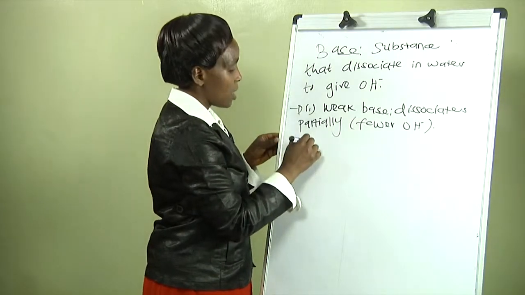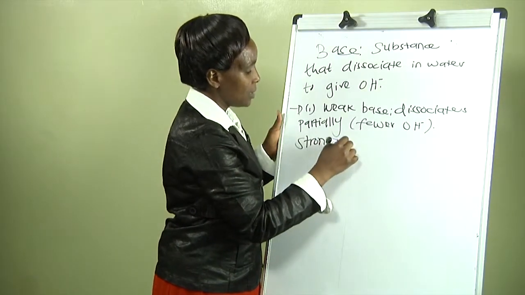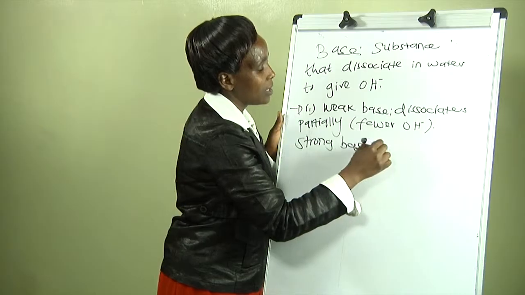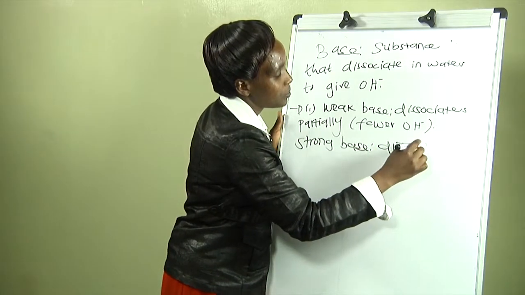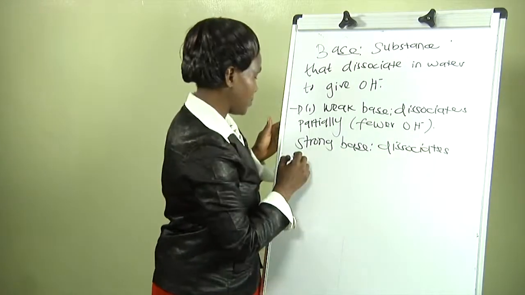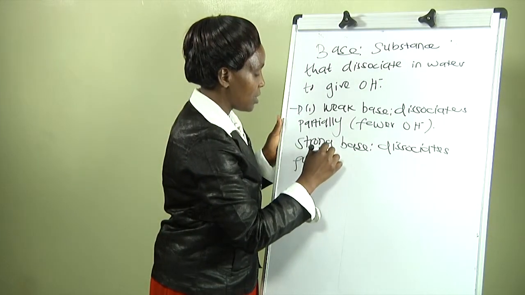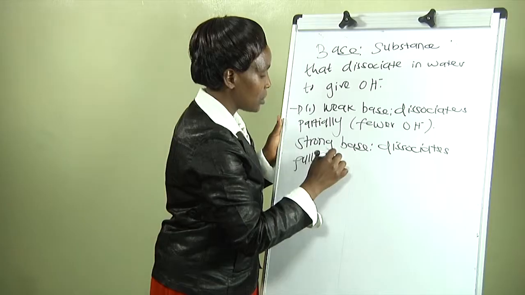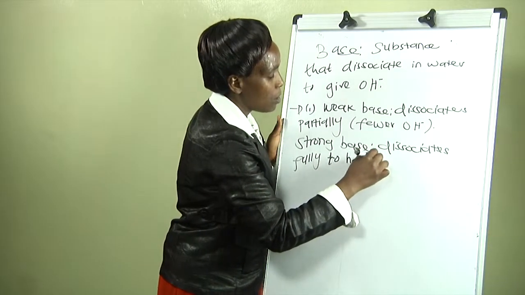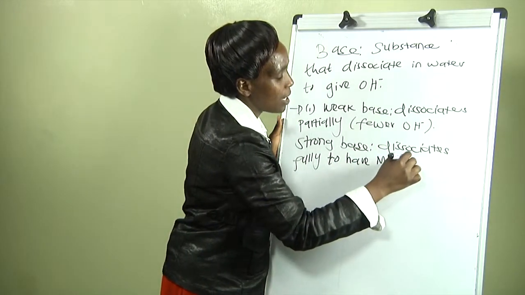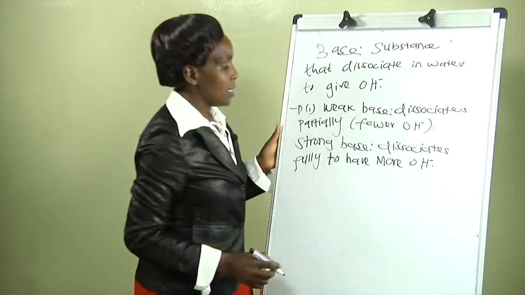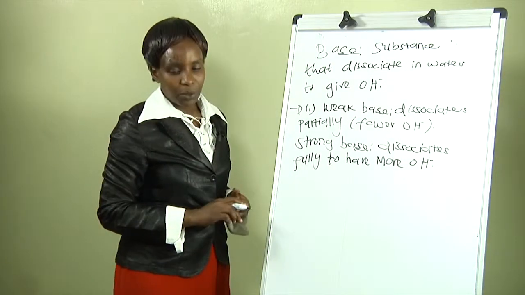Then strong bases, we have said they dissociate fully, just like the acid. Therefore, you have more OH ions. And we have dealt with the example.